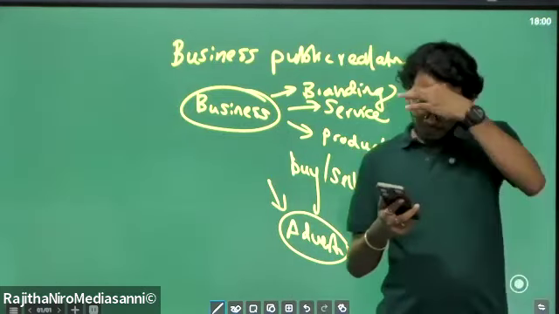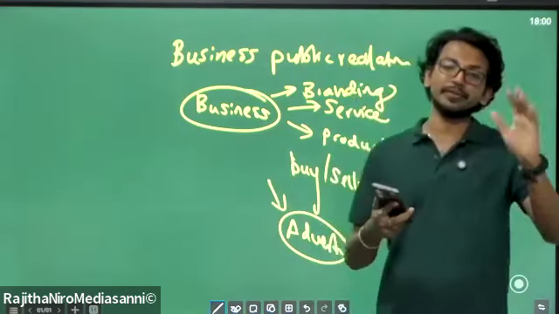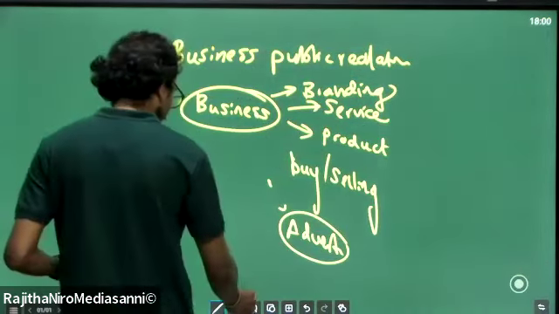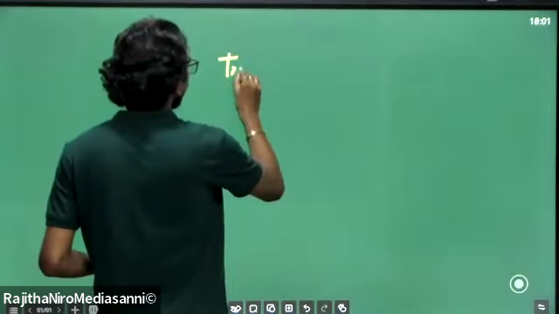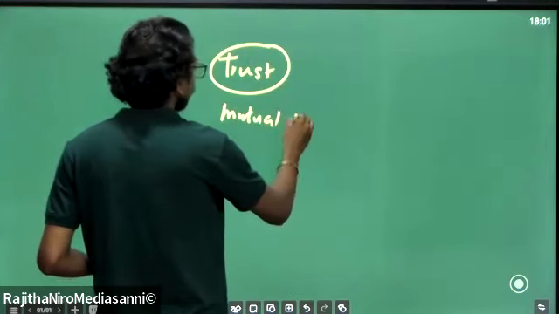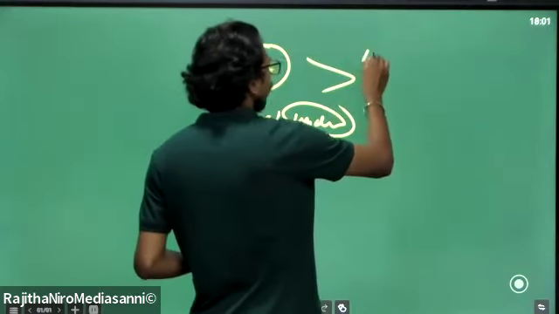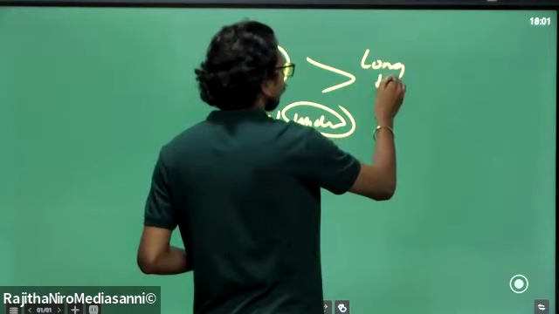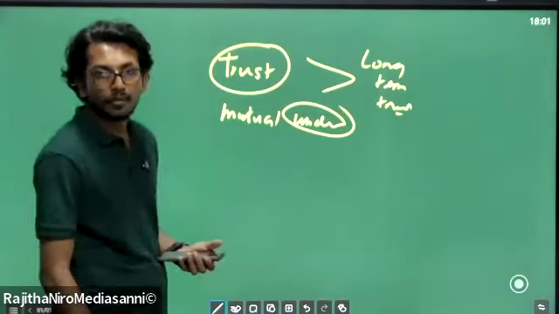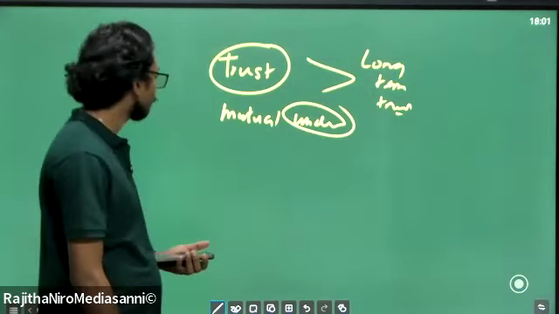After that, from this relationship, long-term trust can be created to expand business. Very importantly, long-term trust, and mutual understanding. Someone who has long-term trust is very reliable, very accurate.